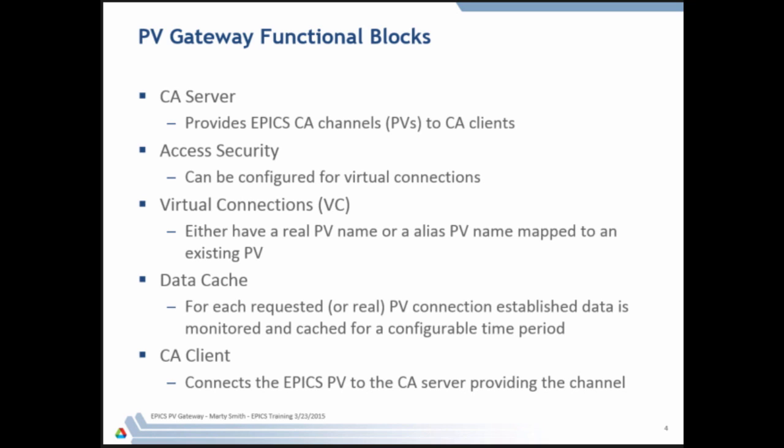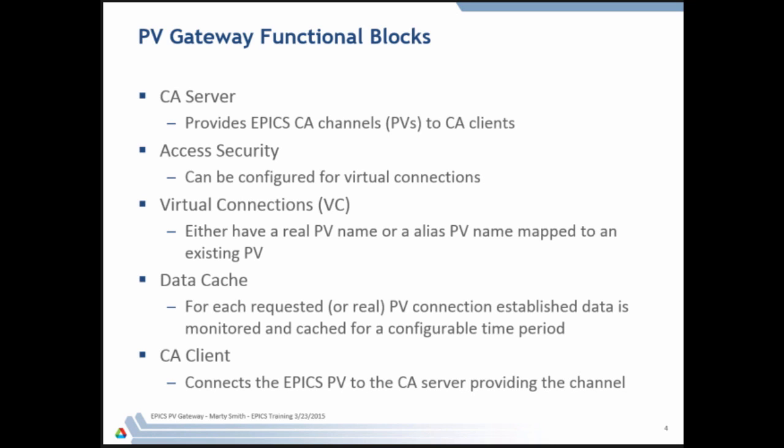The channel access security is configured basically for the virtual connections, which I'll cover in a little bit in the next slide. A virtual connection is basically like the go-between between the real PV and the PV that you're asking for. It keeps its own cached value in the gateway, which is this actual virtual connection. That's also what the channel access security is using.